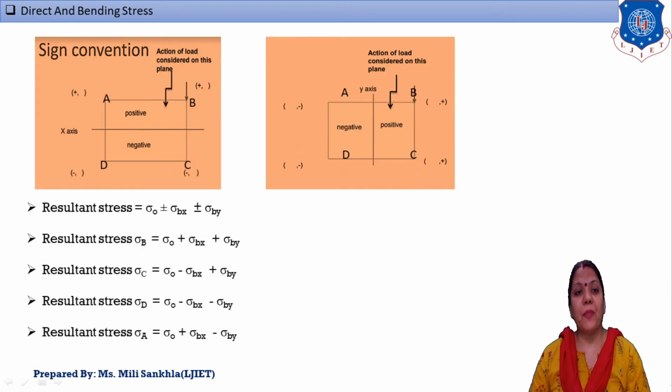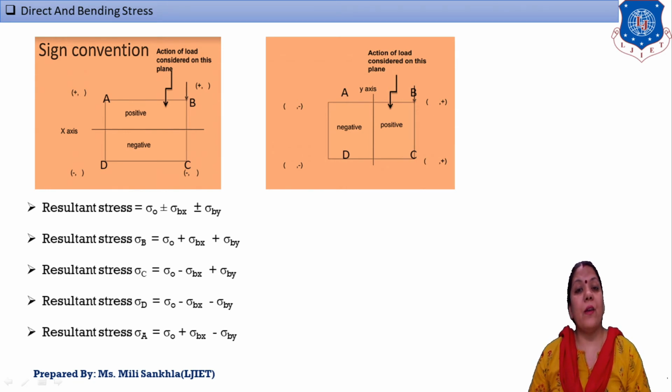Now here is the sign convention for eccentric load. If the question asks to find stresses at a corner or edge of the column section, or if it asks to find minimum and maximum stress, then for maximum we take the summation of direct and bending stress, and for minimum the difference between direct and bending stress.